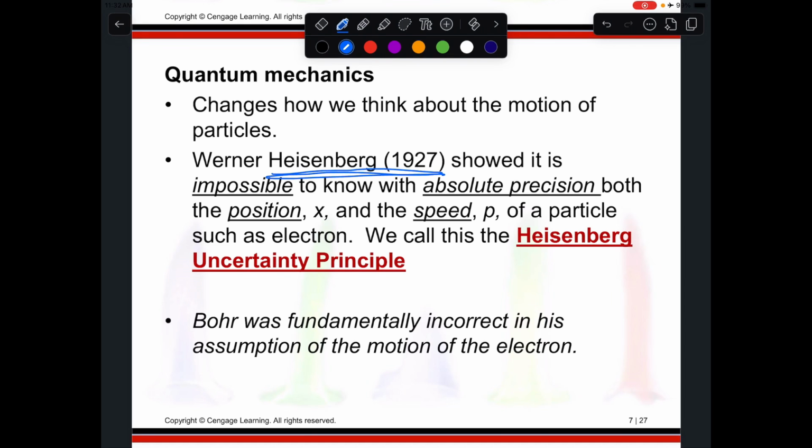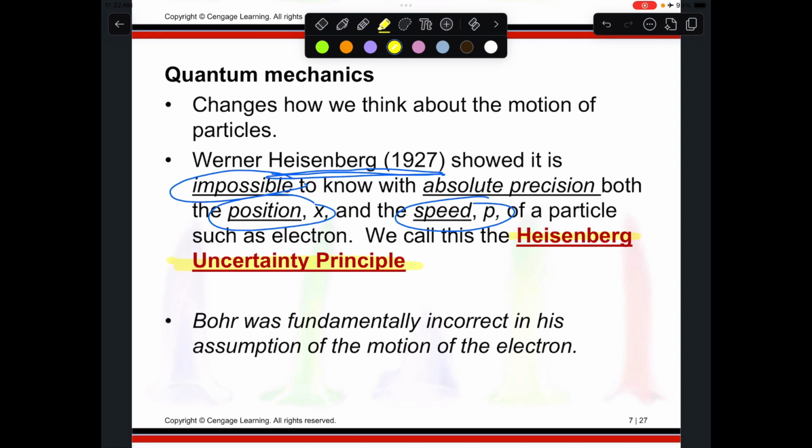And so we have Mr. Heisenberg in 1927. I'm hoping you're seeing there's a lot of research going on in the early 1900s. But remember, these people are living in different countries, and they don't really have the communication methods to share their research. So a lot of things were contradicting each other at the time, and eventually we end up getting a better picture of all the research together. Mr. Heisenberg showed that it was impossible to know with absolute precision both the position and the speed.